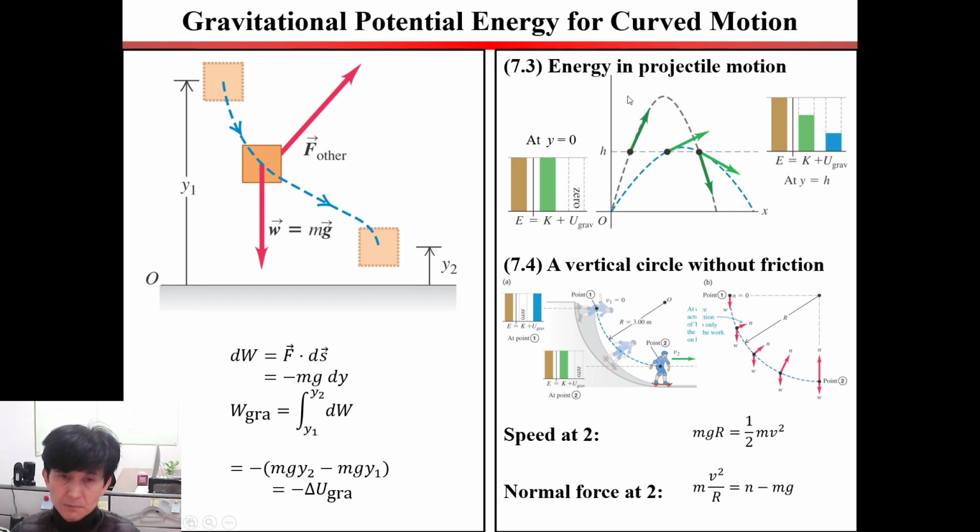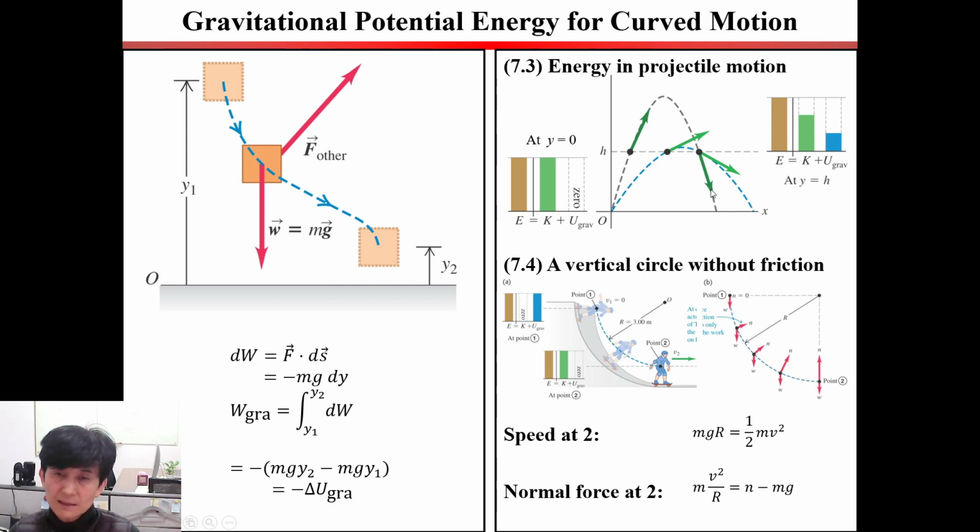There are several examples. If we throw an object, if I throw a ball of mass m, let's say from the origin, to this projectile, regardless of the path, if the initial kinetic energy is given, then the kinetic energy at the same height should be the same.